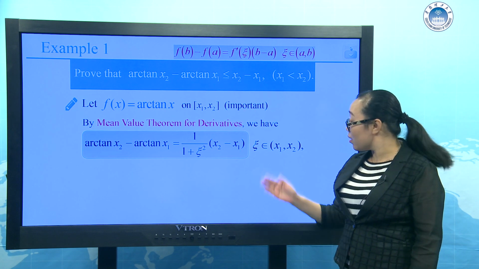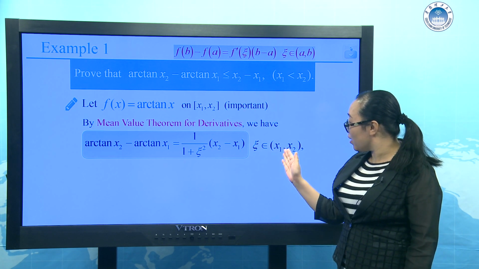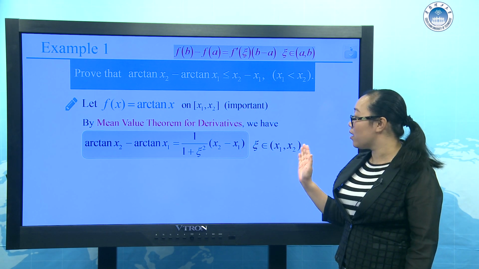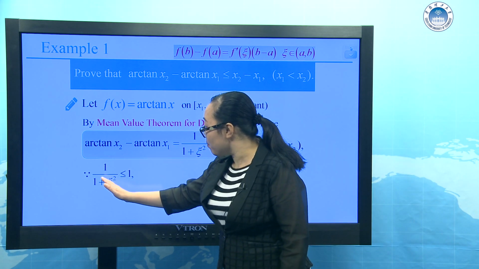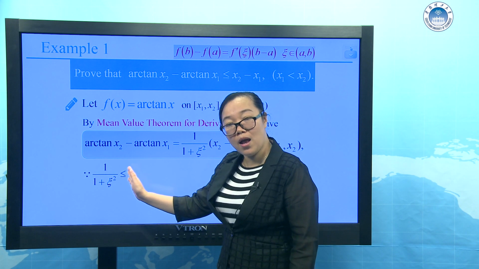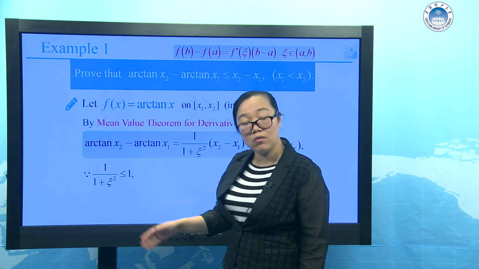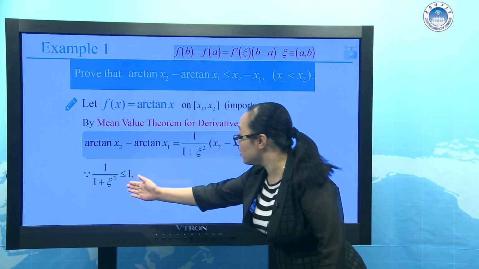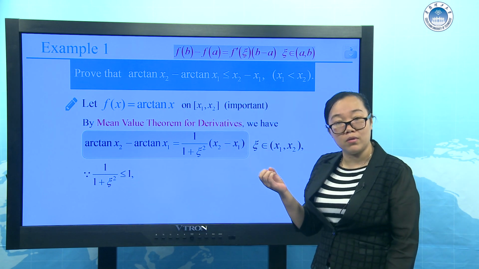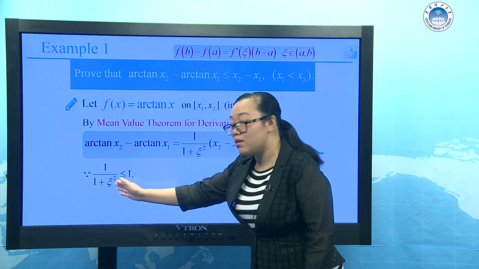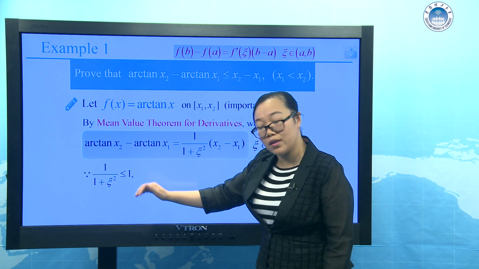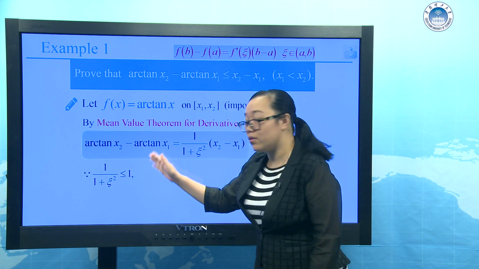Pay attention to ξ. ξ is between x1 and x2, because 1 over (1 plus ξ squared) is less than or equal to 1. You ask me why? Because ξ squared is non-negative, 1 plus a non-negative number is greater than or equal to 1, so 1 over it is less than or equal to 1.